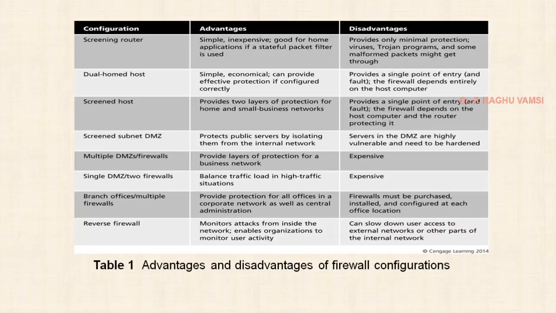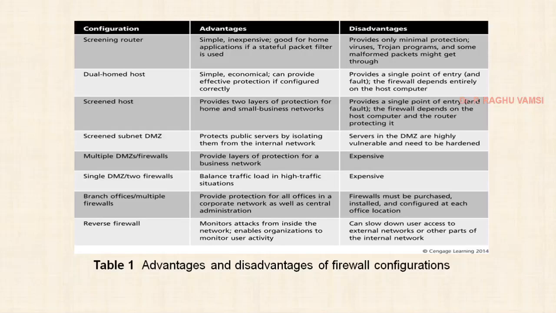So, advantages and disadvantages of firewall configurations. This table will summarize the advantages and disadvantages. In the case of the screening router, the simple screening router is very simple, inexpensive, and good for home applications if a stateful packet filter is used. The disadvantage is that it provides only minimal protection.